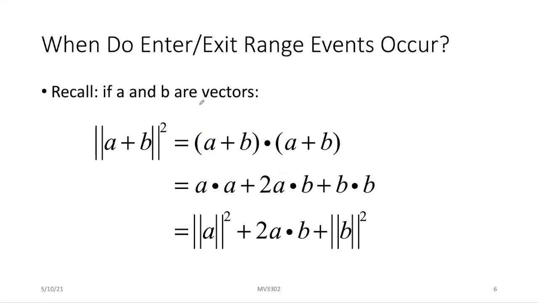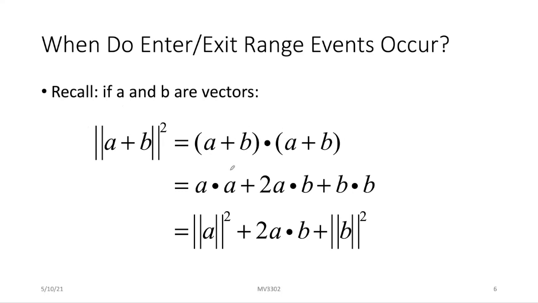So now, just by way of a little notation, remember, we've seen the Euclidean norm when we were doing our vector velocity calculation. Another way to look at it is that the square of the norm of the sum of two vectors is the dot product of the sum with itself. And remember that there's a distributive law for vectors, as long as we use the dot operator for multiplication.